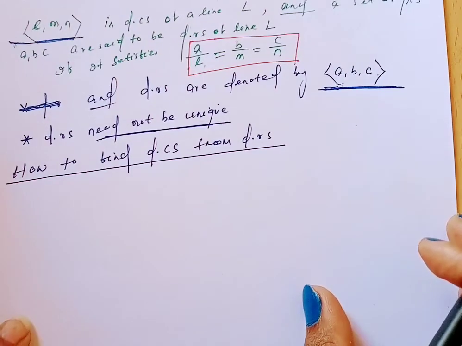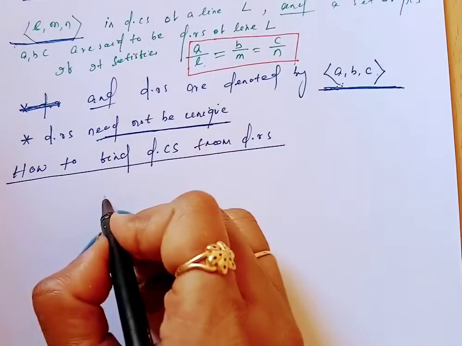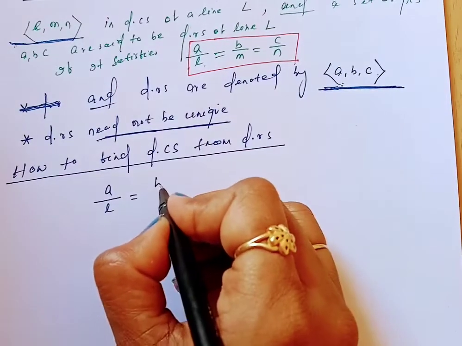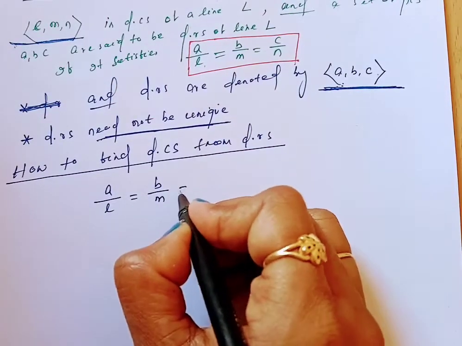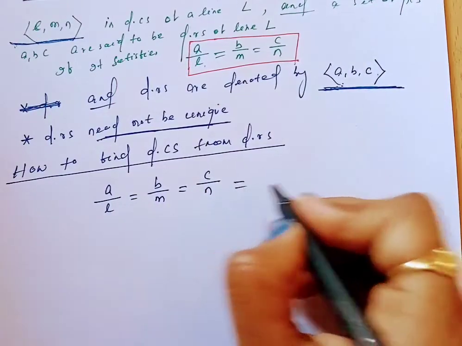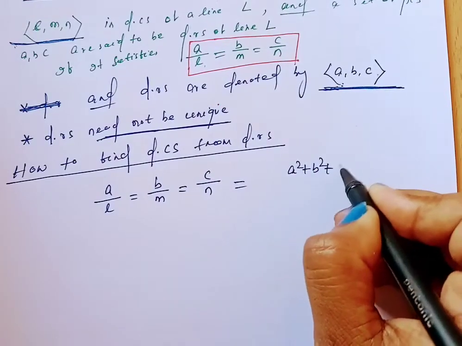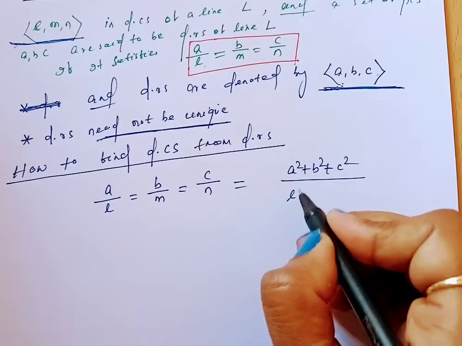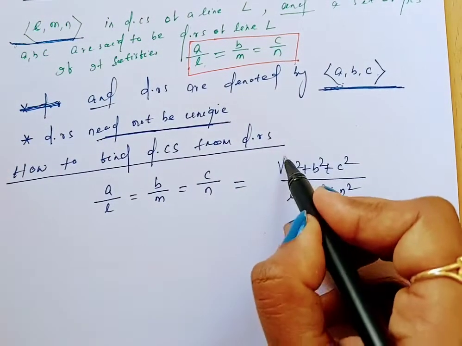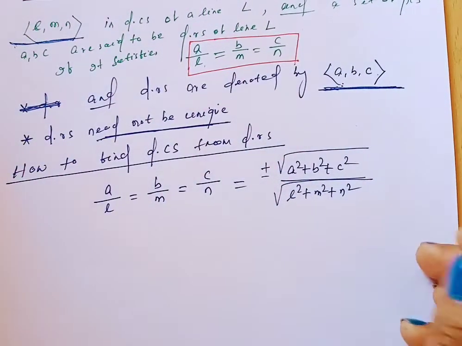Direction ratios satisfy the condition a by l equal to b by m equal to c by n. No problem to write this proportion equal to a constant. You can take the square root of both sides.